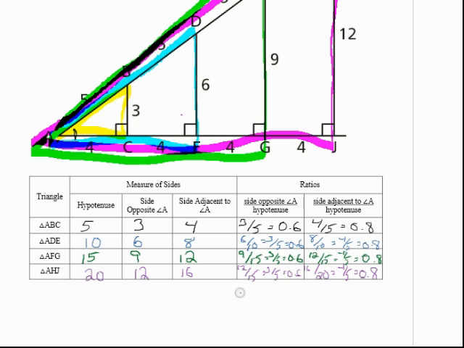This is the sine ratio, and this is the cosine ratio. And just like the tangent, they're the same for any right triangle with that given angle in it. Okay, let's go to the next page.